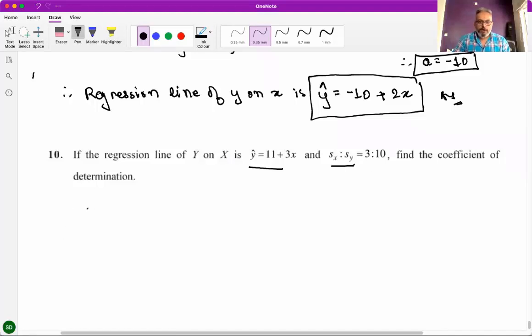Find the coefficient of determination. So first let's write y cap is equal to 11 plus 3x. Therefore, b is equal to 3.